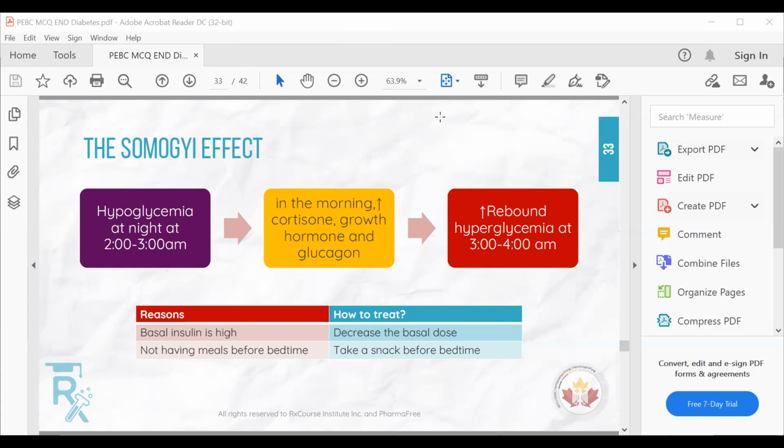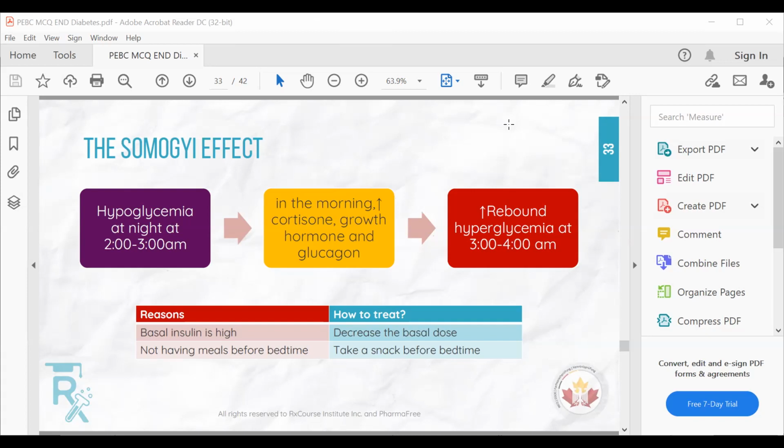So let's say that I have 2 patients. And when I measure the blood glucose for them in the morning, it was 11, okay? How to differentiate if the first patient has dawn phenomenon and the second one has Somogyi effect?